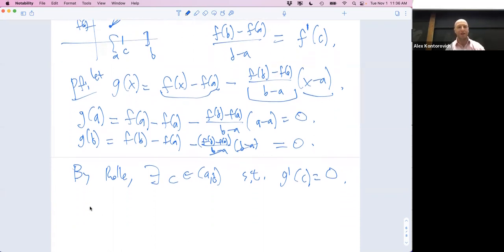Let's compute g prime of x. What's the derivative? So that's f prime of x, minus, what's the derivative of f of a with respect to x?